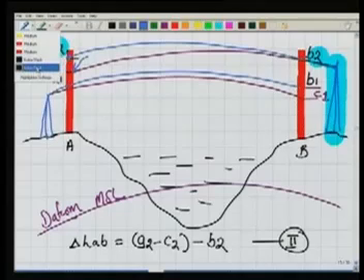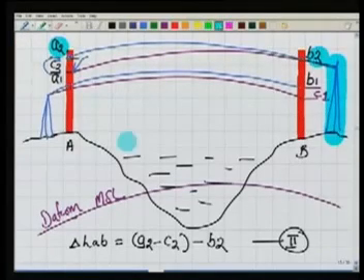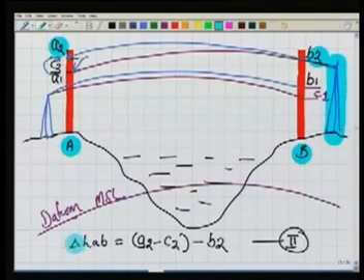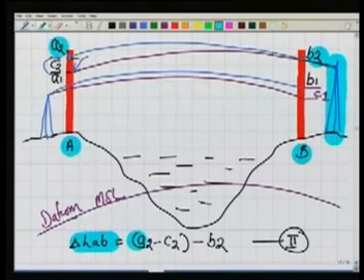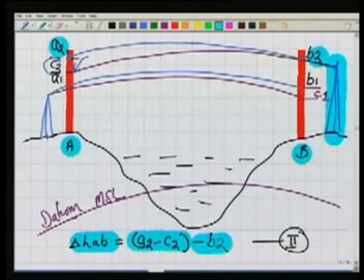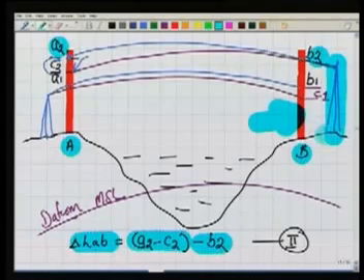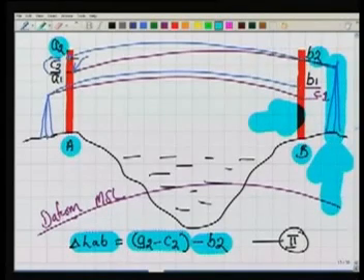What we are doing here, the difference in elevation between A and B, delta HAB, I am writing for this case as A2 minus C2, because whatever I am reading at A2, I am applying correction to that, minus B2. No correction at B2 because the staff at B is very near to the instrument.